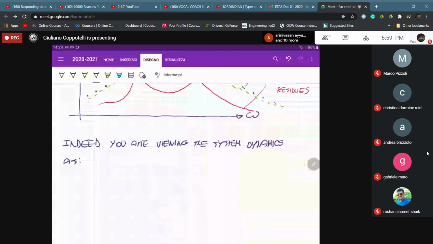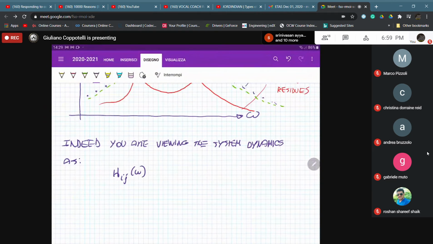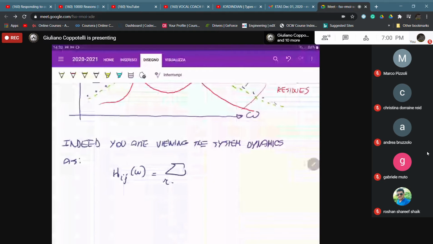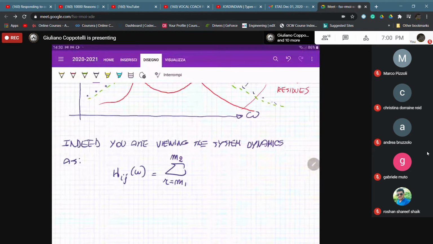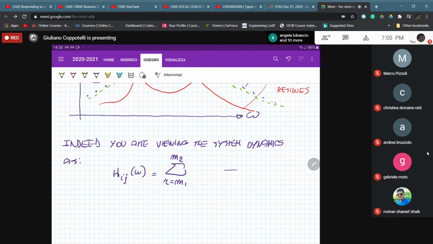So generally speaking, your Hij, your frequency response function referring to an output i and the input j as a function of omega, could be viewed as the summation, from r that goes from the first mode up to the last mode that is available in our analysis, of your residual terms, Aijr, the contribution to the r-th mode, over omega_r squared minus omega squared plus the damping factor j eta_r omega_r squared.